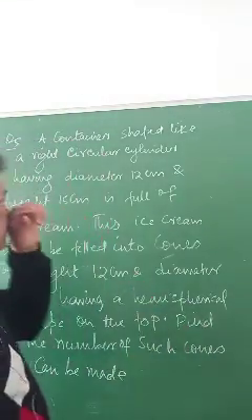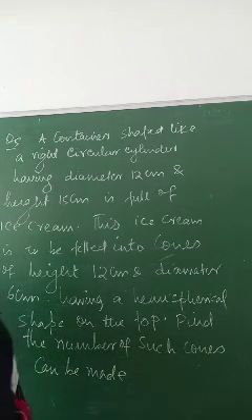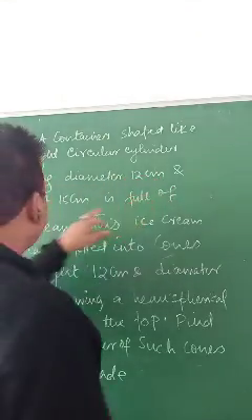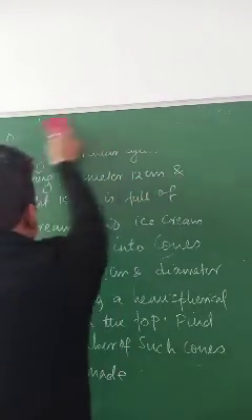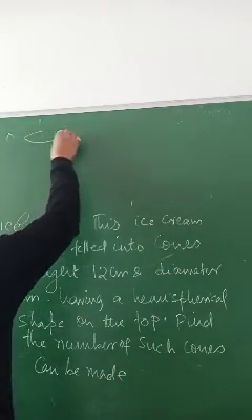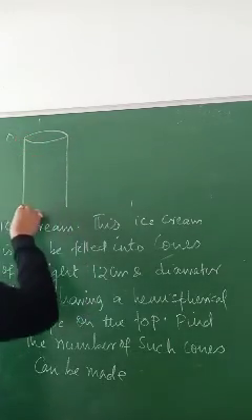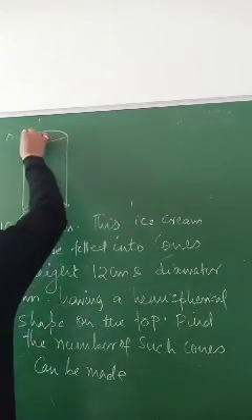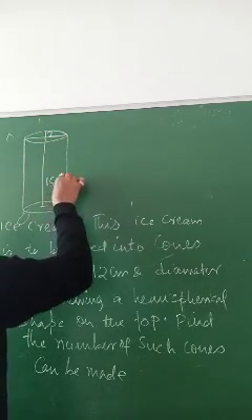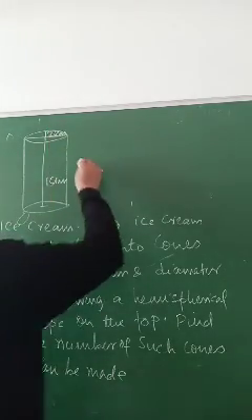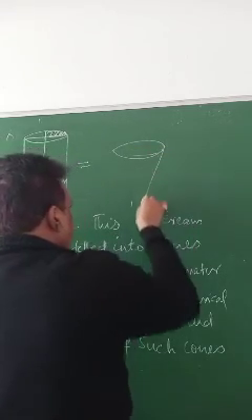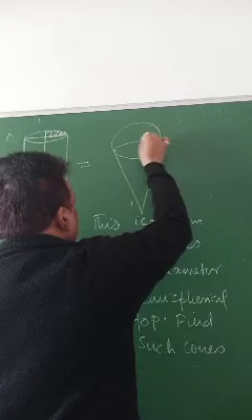Very simple. Okay, cylinder of diameter 12, height 15 is made into ice cream, conical shape having a hemisphere on the top.